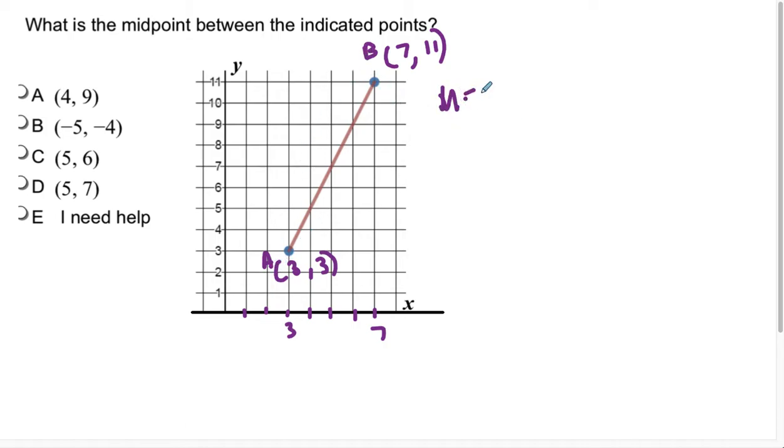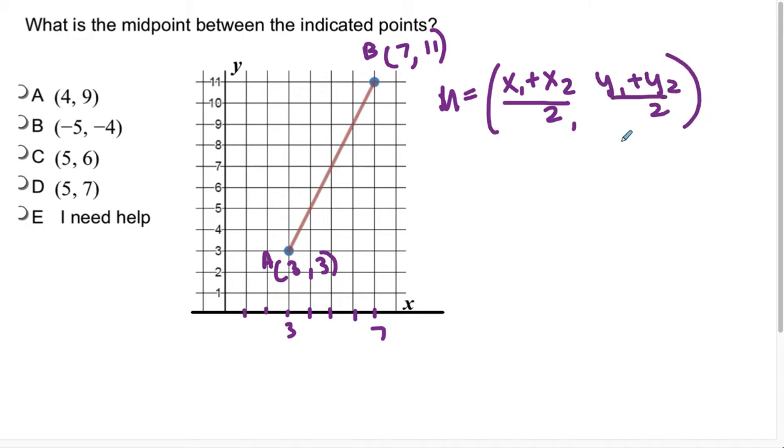Because you already know A and B, you can use the midpoint formula, x sub 1 plus x sub 2 over 2, and y sub 1 plus y sub 2 over 2. I'm going to label it for you: this is x sub 1, y sub 1, and x sub 2, y sub 2.